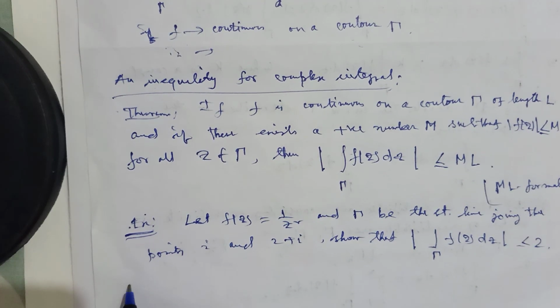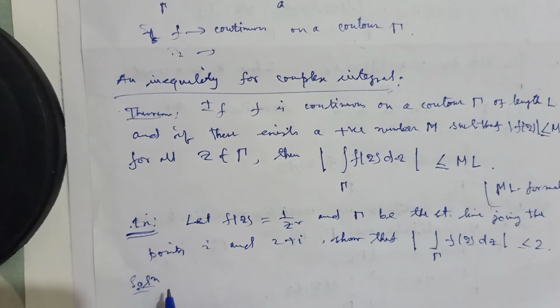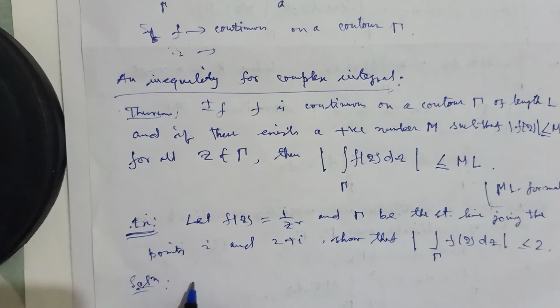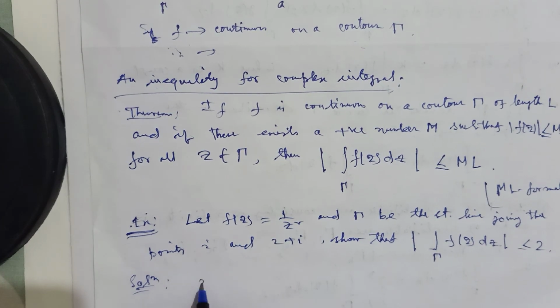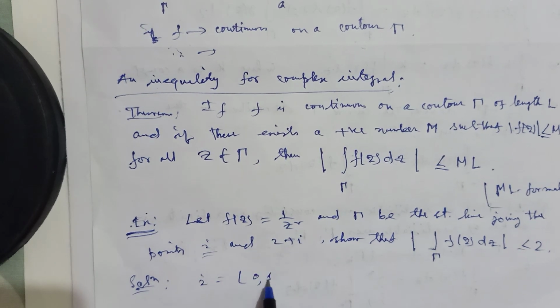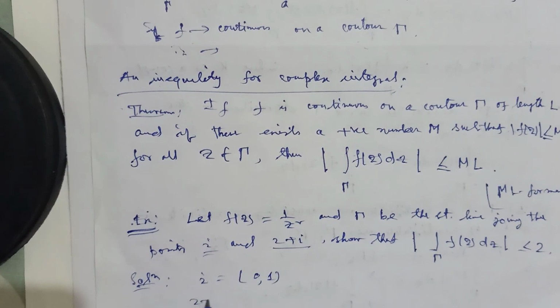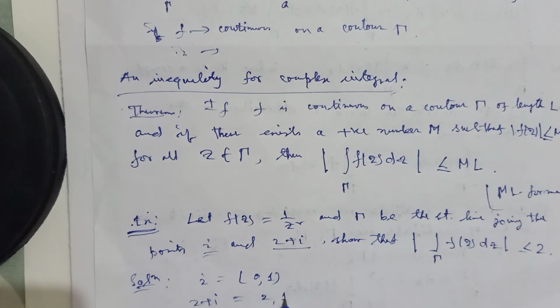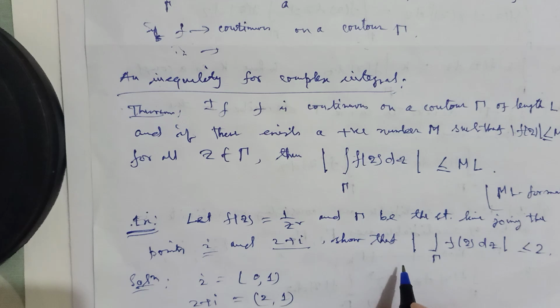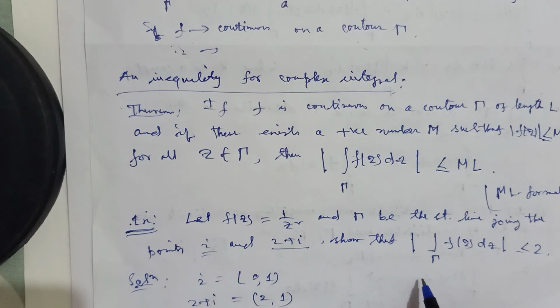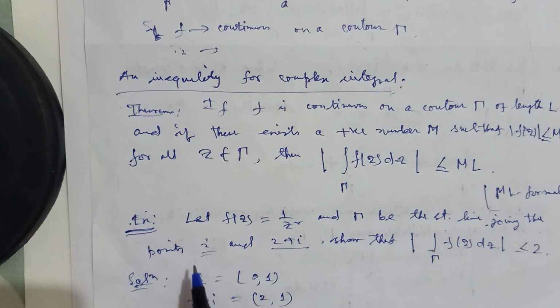So the solution is here: the points are (0, 1) and (2 plus i) equals (2, 1). So that means the line joining them is a straight line.